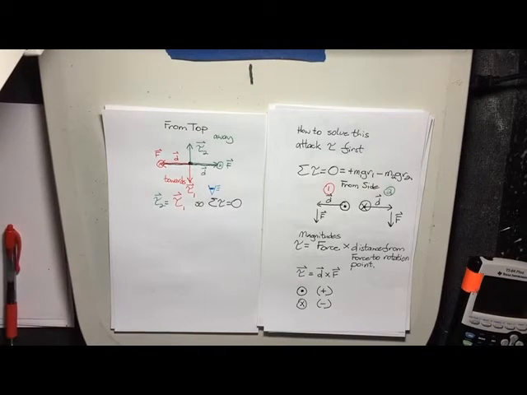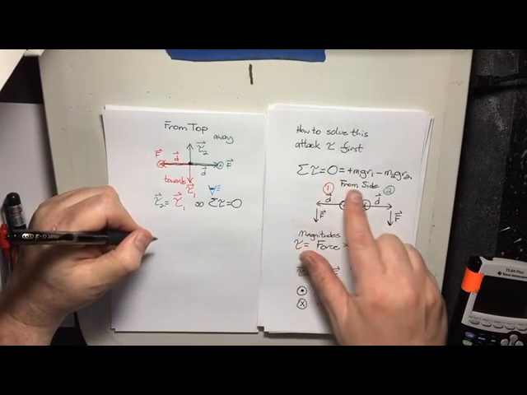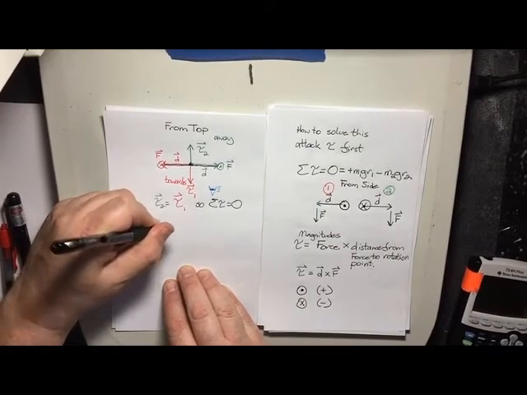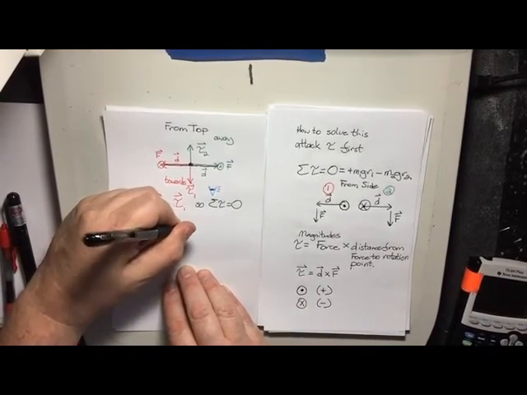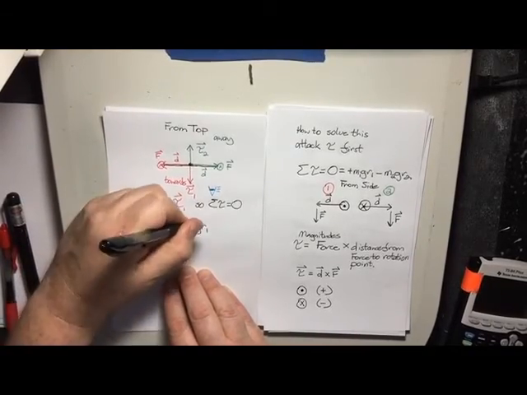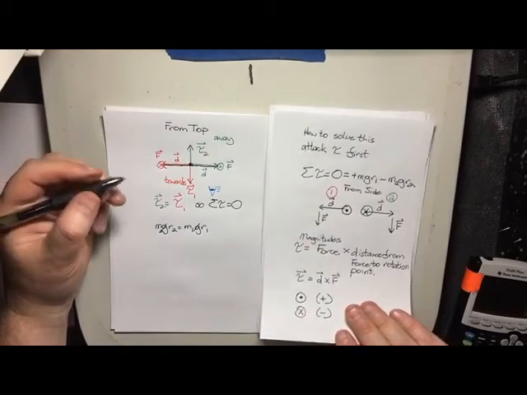Now to solve this, 0 equals this minus this, so M2GR2 is equal to M1GR1. G's cancel. What am I looking for? I'm looking for M2.